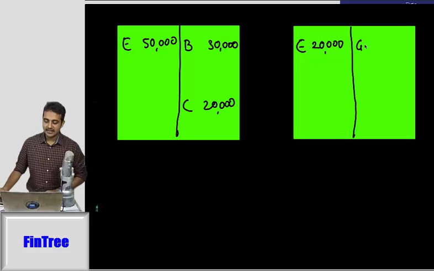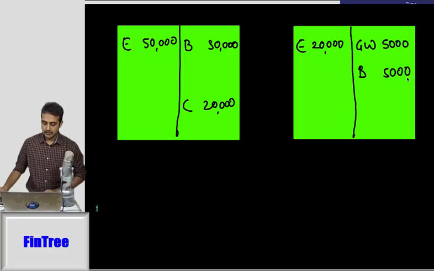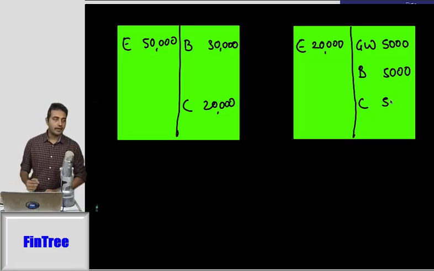Goodwill 5,000. Building 5,000. Cash 5,000. Did something get left out? Inventory 5,000.